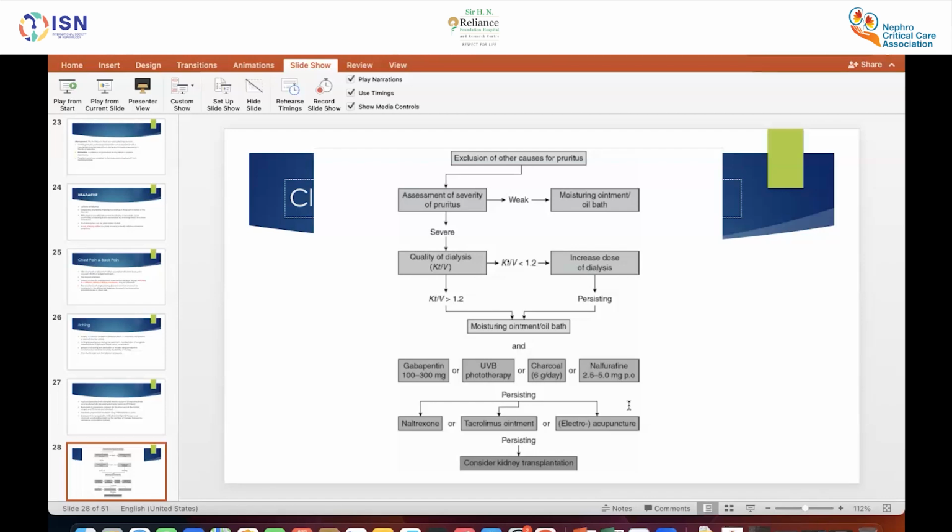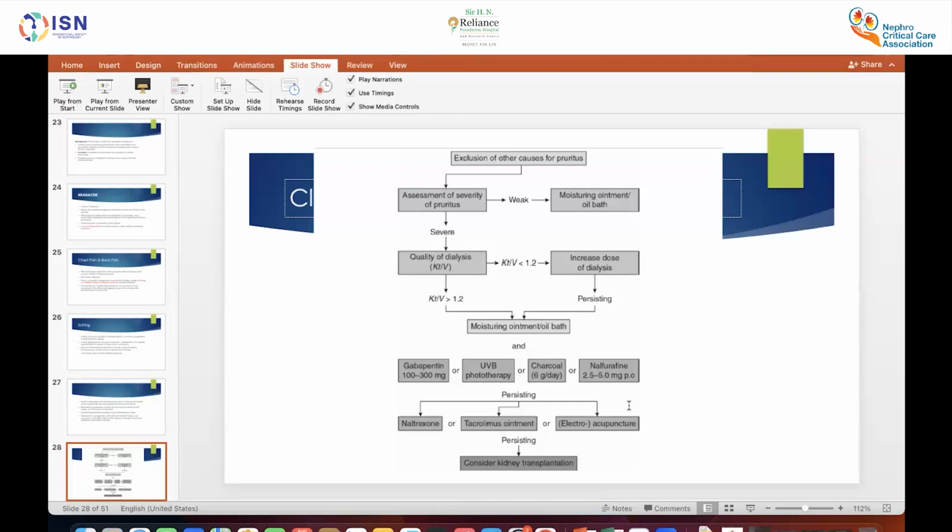They took a biopsy of the skin and found intense T cell infiltration in the subepithelial layers, dermis and epidermis region, basically the epidermis region.